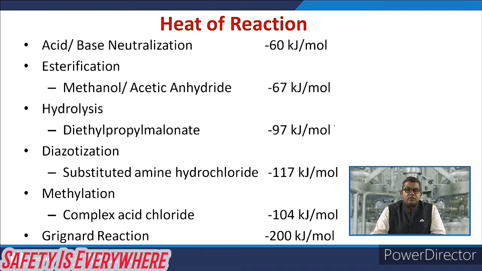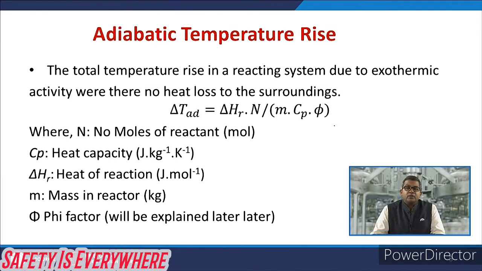Diazotization, that is the substituted amine hydrochloride, has a heat of reaction in the range of minus 117 kilojoule per mole. Methylation may have a heat of reaction of minus 104 kilojoule per mole. And Grignard reaction may have a heat of reaction of minus 200 kilojoule per mole. The standard heat of a reaction you can get from various handbooks.